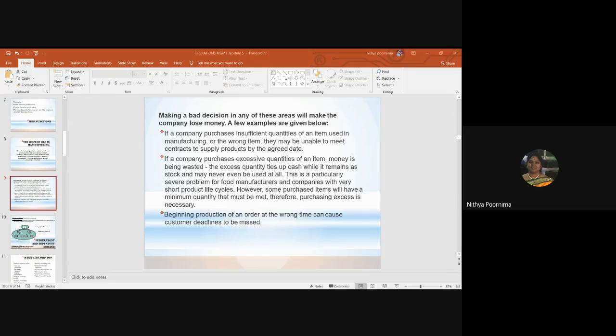So if he does not have sufficient capacity of raw materials, maybe he's not growing so many coffee seeds in his estate, then the problem arises. What he's going to do is the target point. What problems is he going to face, and how is he going to satisfy his customers? All these points are linked with one another. You getting the point?